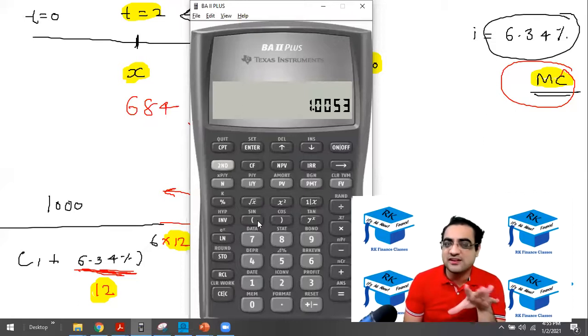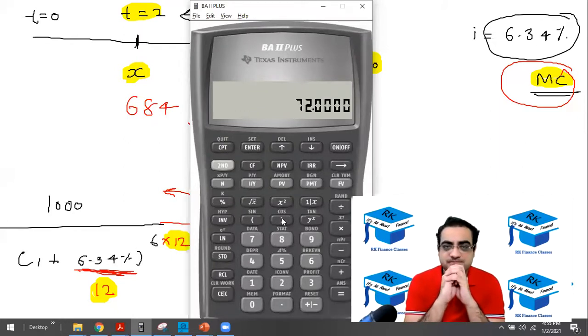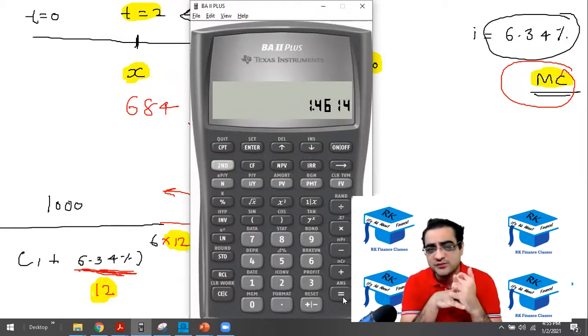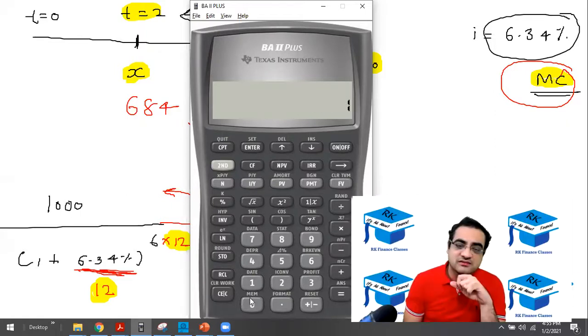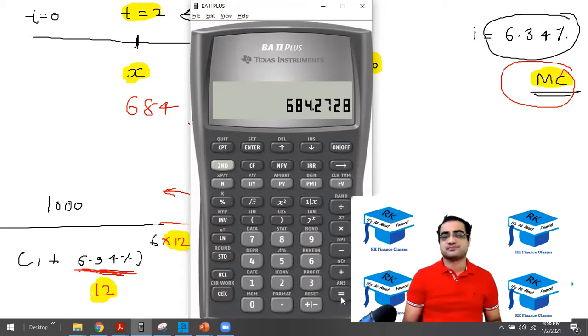Nothing is happening on the screen, I understand that, but did you press raise to and bracket open? Yeah. Then press 6 into 12, bracket close, equal to. Did you get 1.4614? Yeah. Then press inverse, take it up, and then multiply it by 1000. You get 684.27? Yeah, I got it.